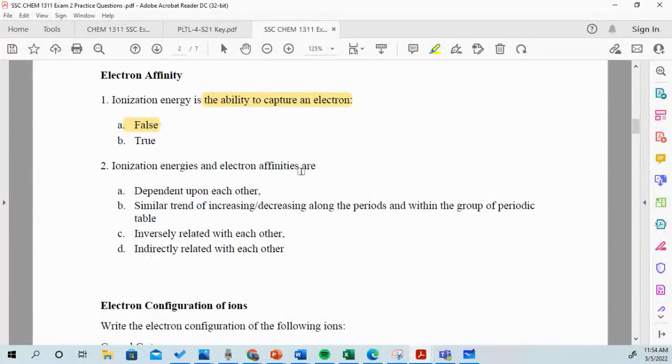Ionization energies and electron affinities are which of these? Okay, so you have C. Anyone agree, disagree? So are they inversely related to each other? Yeah, so they're actually similar trends.